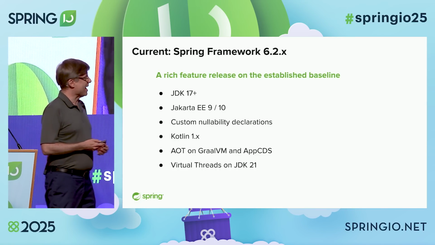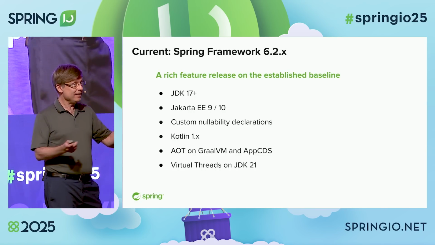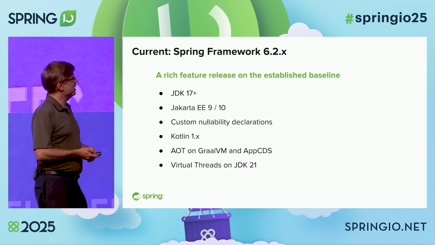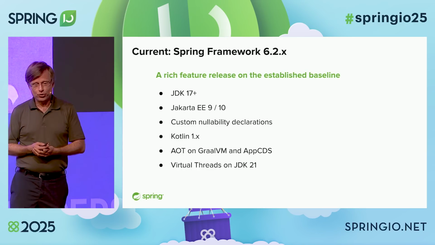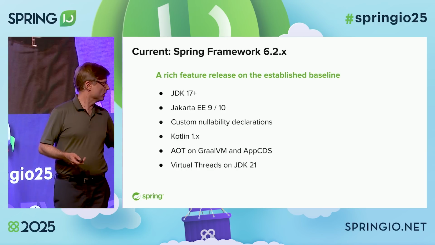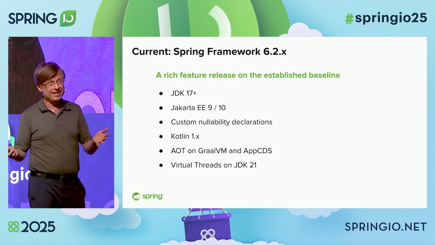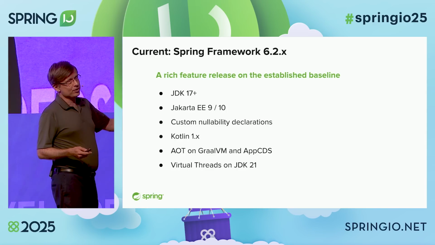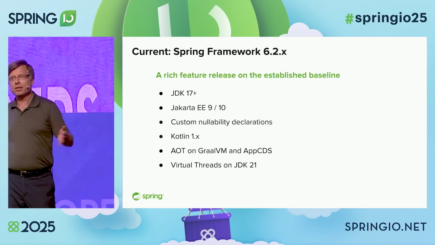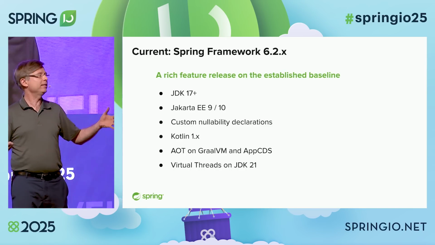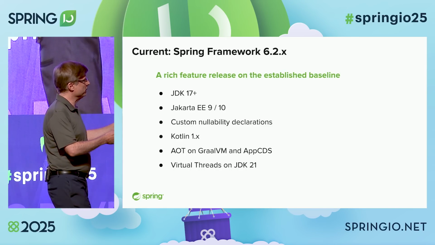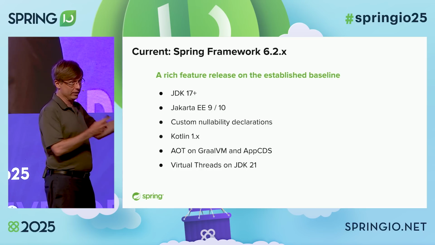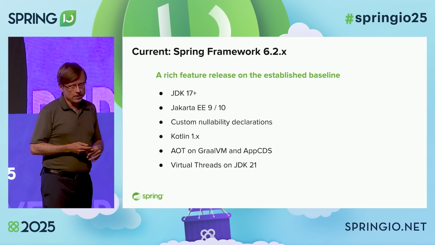So where are we now? Just revisiting the current baseline. We have a well-established arrangement: JDK 17 baseline, Jakarta EE 10 focused. We do lots of things across the code base with the best tools we had at the time. We use a custom nullability arrangement. We have Kotlin 1 integration.